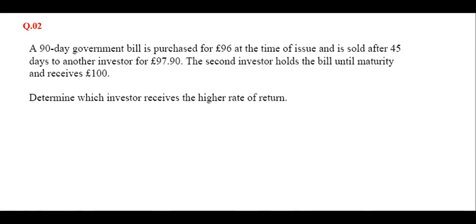Here it says a 90-day government bill is purchased for 96 at time of issue and is sold after 45 days to another investor for 97.90. Okay, let me draw a number line here.